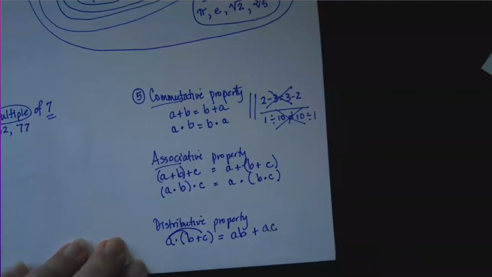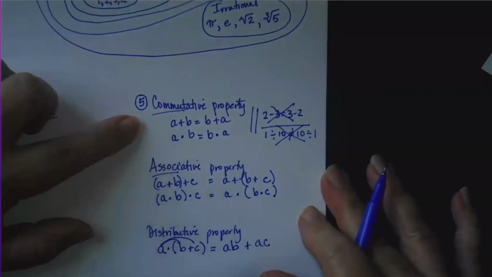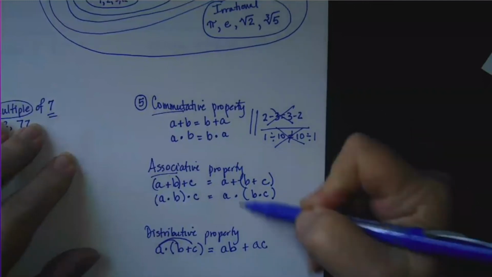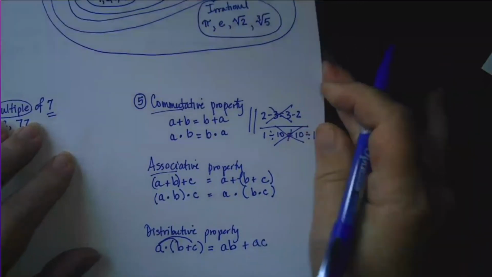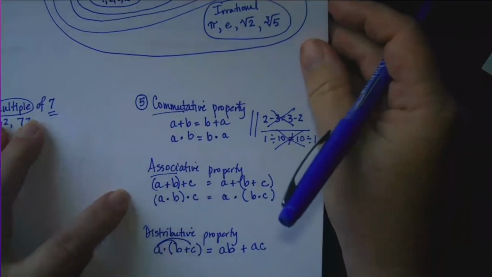All right, so the answer here was B. What I care about is that you know and recognize these three properties: commutative, associative, and distributive.